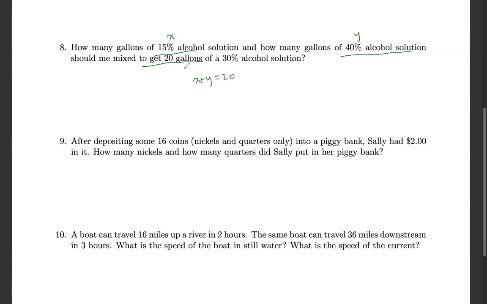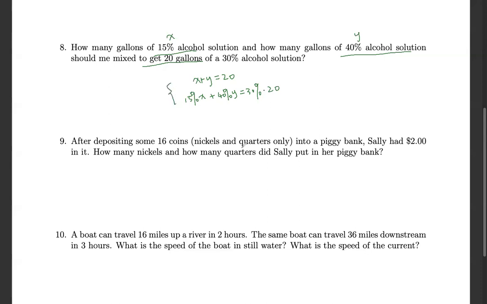The total is 20 gallons here. And so 15% of X plus 40% of Y would be 30% of 20 gallons.